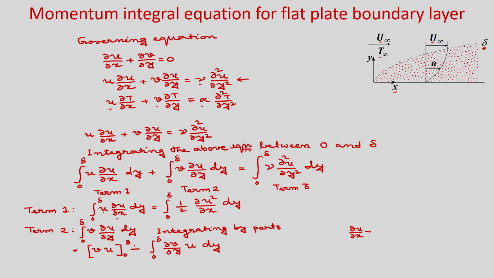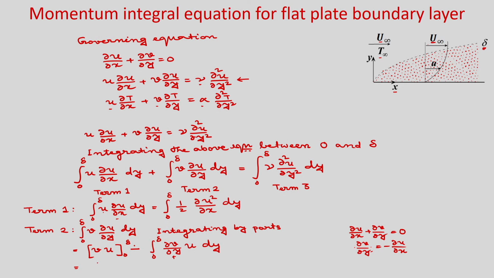Now let us see the continuity equation. What is your continuity equation? Continuity equation is del u by del x plus del v by del y is equal to 0. So, this del v by del y term you can write as minus del u by del x. If you put the limit, at y is equal to delta, what is the velocity? u will be u infinity, because that is the edge of the boundary layer.